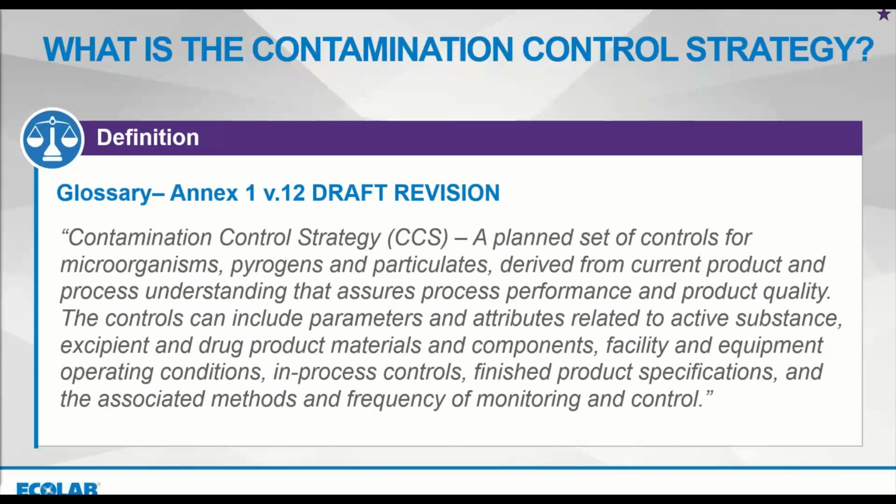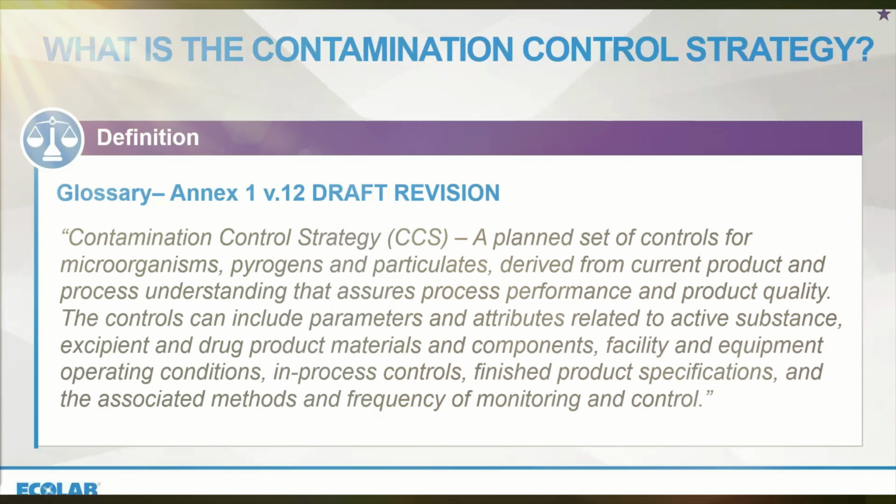monitoring. The next thing is that contamination in this context is obviously with viable microorganisms, but also with pyrogenic substances, of which endotoxin is going to be the primary one, and also with particulates, because sterile products, liquid sterile products at least, need to be free of visible particulates.